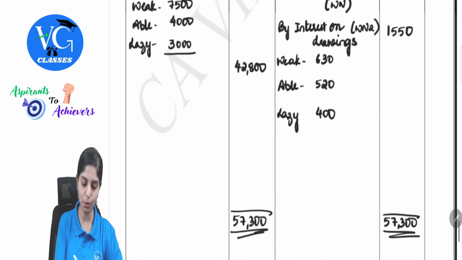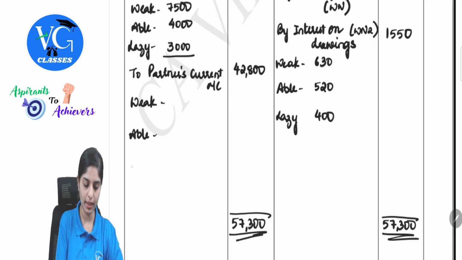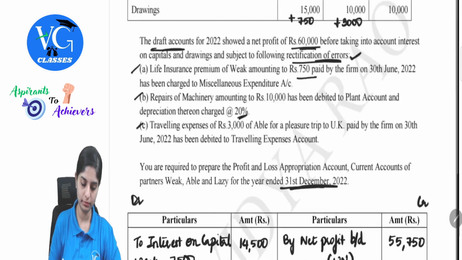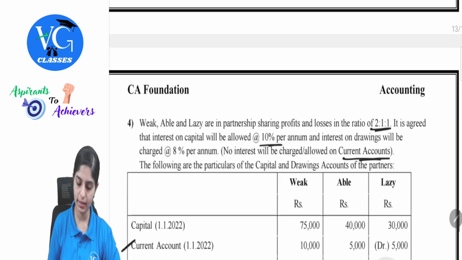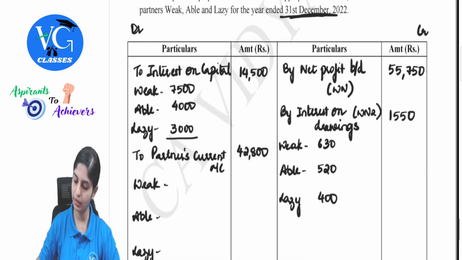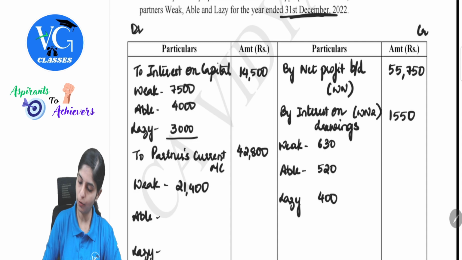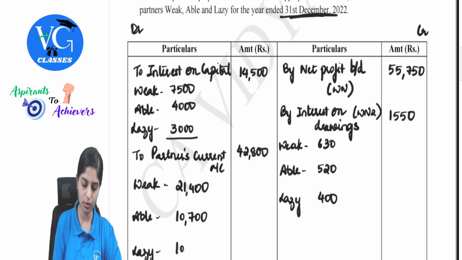So we will transfer it to the partners' current account: Weak, Able, and then Lazy. 2:1:1 is the ratio. 42,800 into 2 divided by 4 is 21,400. 42,800 into 1 divided by 4, 10,700 and 10,700.